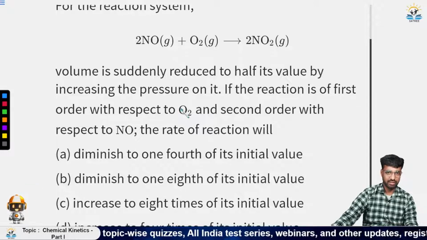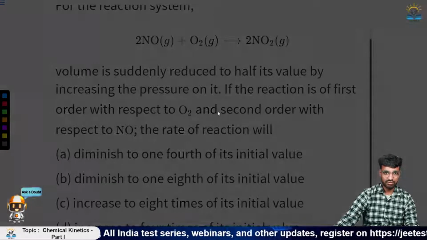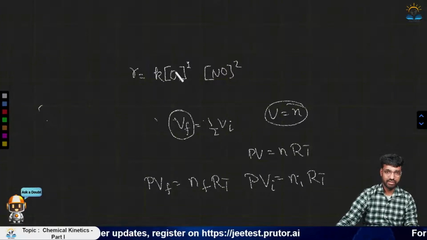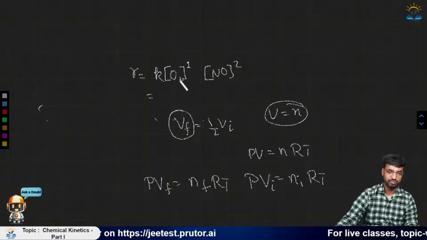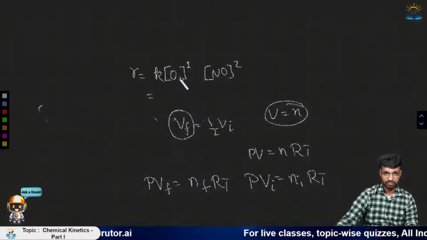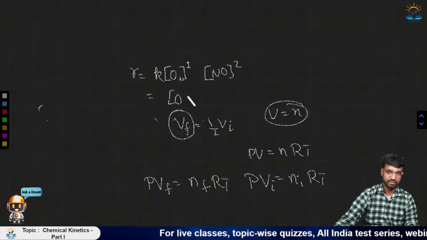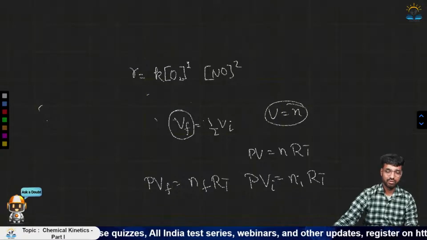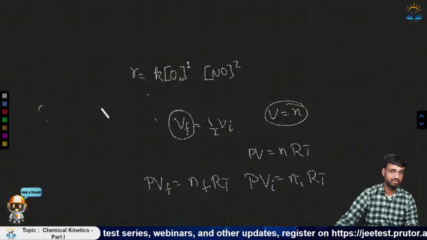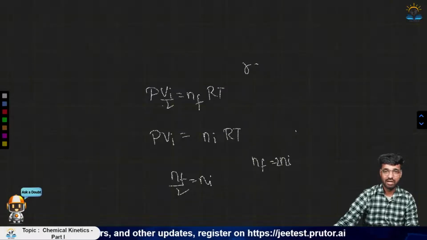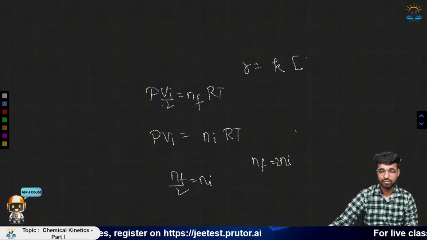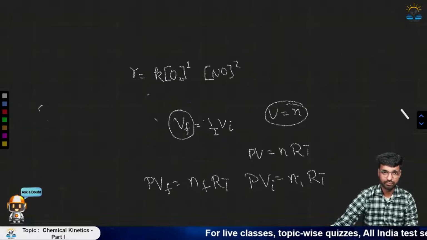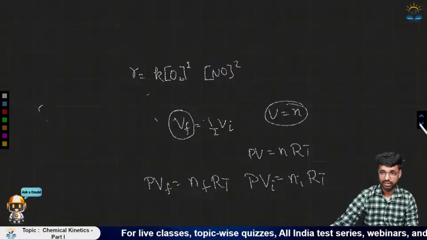According to this rate law, if we increase the number of moles by 2, the final rate of reaction can be written as R is equal to K into [O2] to the power 1 and [NO] to the power 2.